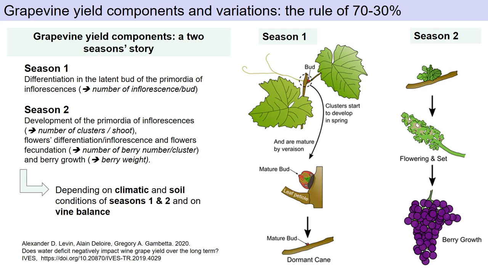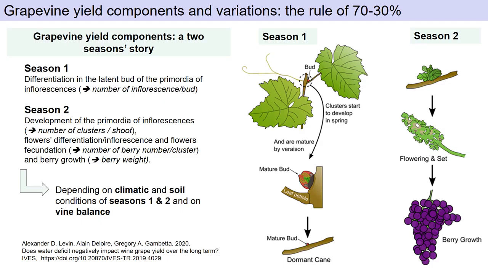Then in year 2, at bud break or from bud break onwards, the latent bud starts to grow. And this is when and where you have the elongation of the inflorescences. And on the inflorescences, you have the differentiation of the flowers.